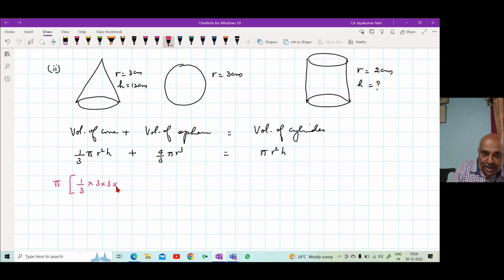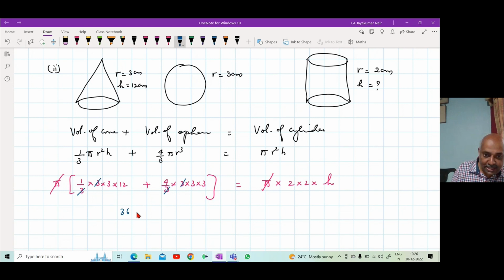So 3 into 3 into 12, plus 4 over 3 into 3 into 3 into 3, should be equal to pi into radius 2 into 2 into the height. This pi and this pi we can cancel, this 3 will cancel this 3, and this 3 will cancel this.